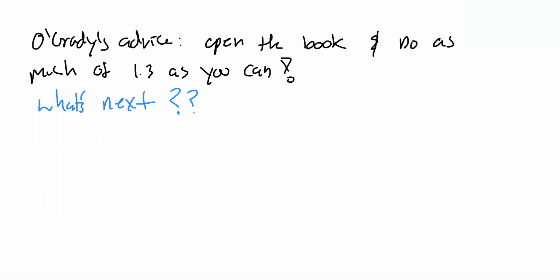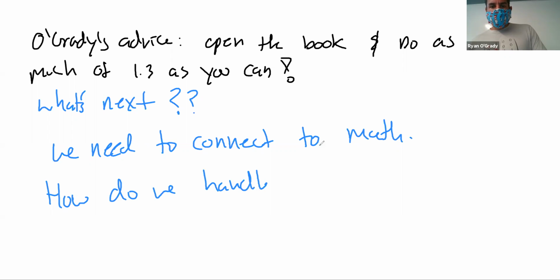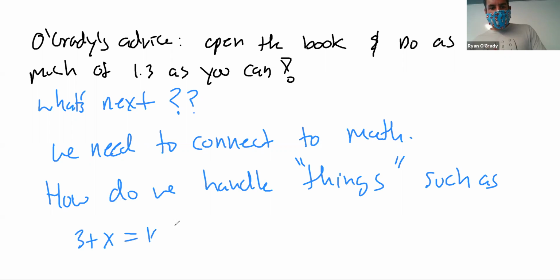Okay, so what's next? What we need to do is connect to math. What I mean by that is, how do we handle things such as 3 plus x equals 10?